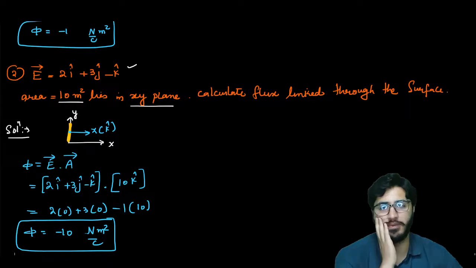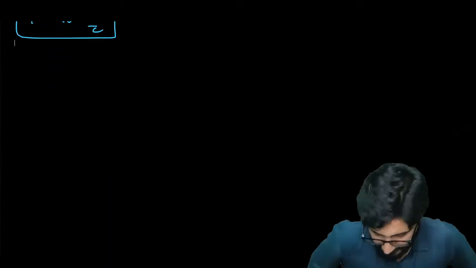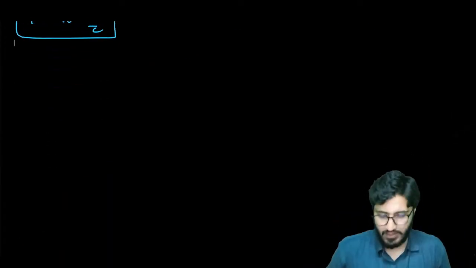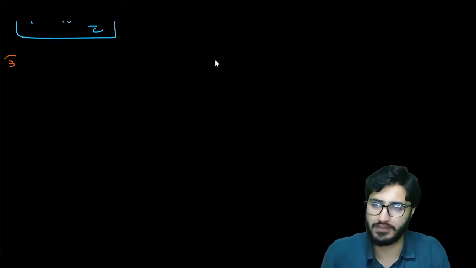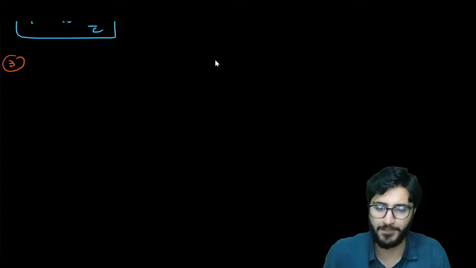Okay, third numerical. We need to be a little bit fast now to complete our syllabus. In the third numerical, the electric field is given as 10 newton per coulomb.